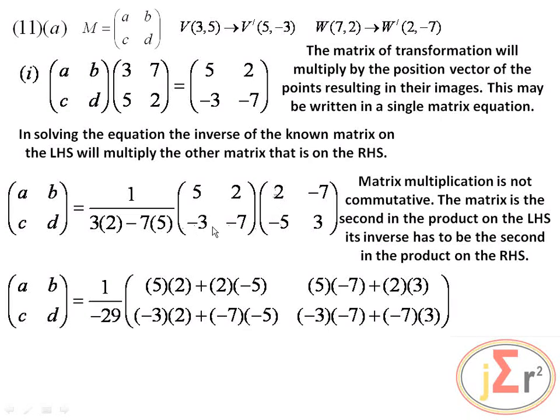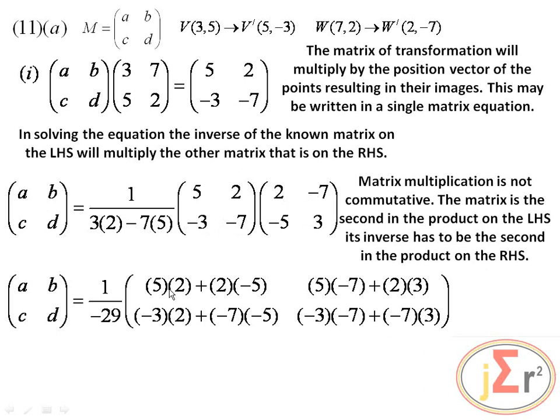So negative 3 times 2, negative 7 multiplied by negative 5. The lower with the right, the answer goes to the lower right. Negative 3, negative 7, negative 7, 3.